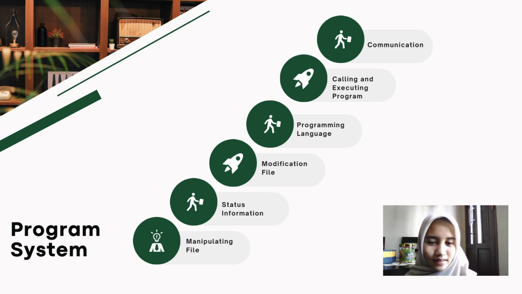The next is system programs. System programs have six points: manipulating files, status information, file modification, programming language, calling and executing programs, and communication. First is manipulating files, which I discussed on another page. We can create, delete, and edit a file.